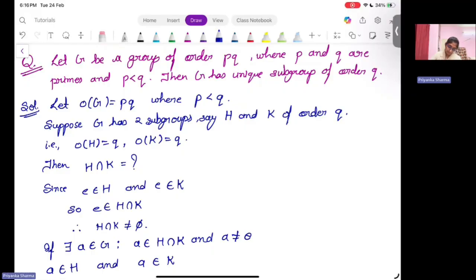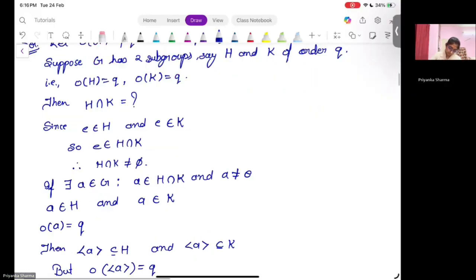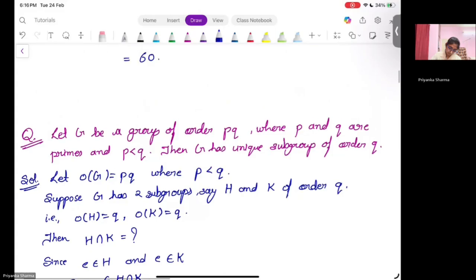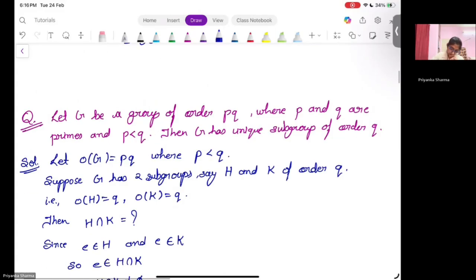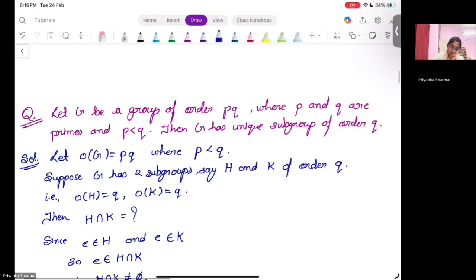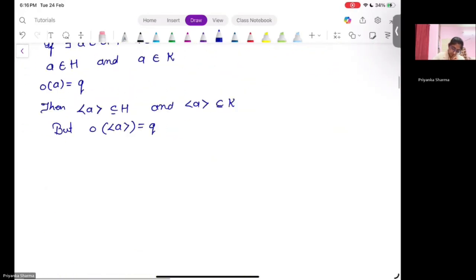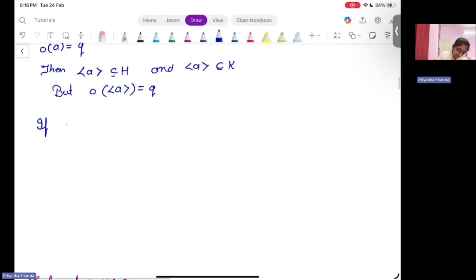Now, if we have order of HK, this will be order of H times order of K divided by order of H intersection K. So here if we have order of H intersection K as 1, then what will be the problem? And why is this 1?